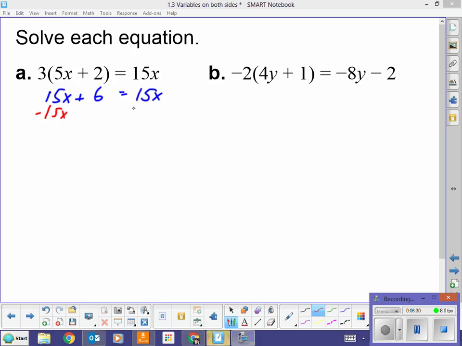Okay, I'm going to follow the same steps we were following before. I'm going to combine my x's on one side of the equal sign. So that's going to leave me 6 equals 0.